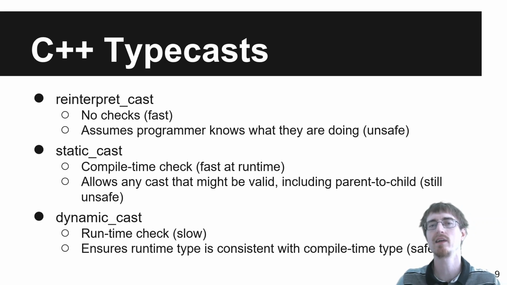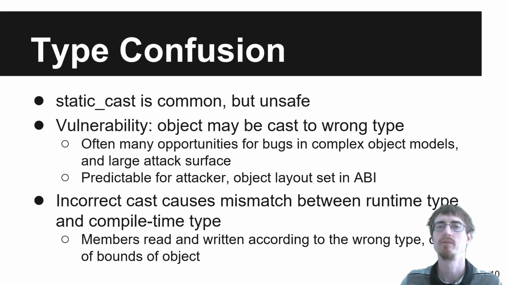Now, what can go wrong if we use the wrong cast? We can get type confusion. So, static cast is common but unsafe. The vulnerability in the case of type confusion is that an object can be cast to a wrong type. This is often not very obvious from the code because objects tend to be passed around a lot.